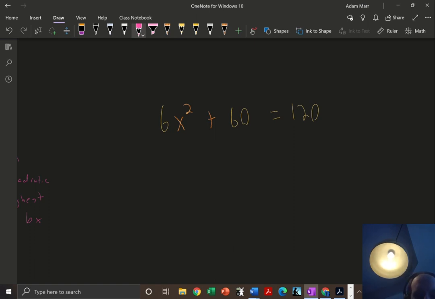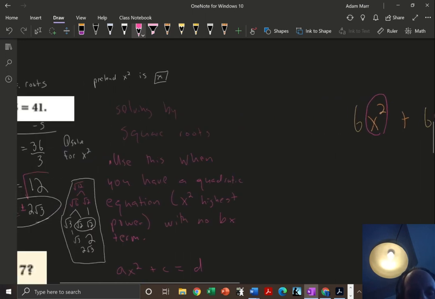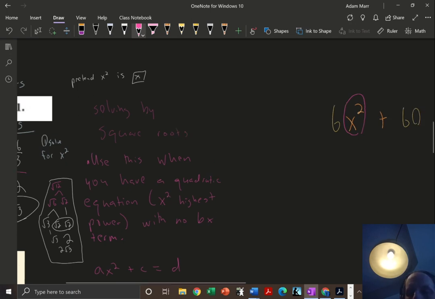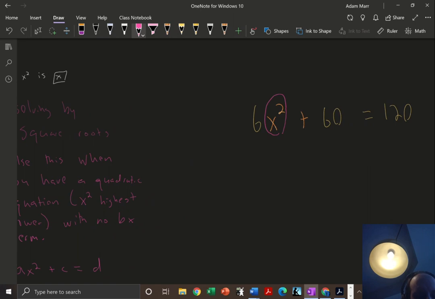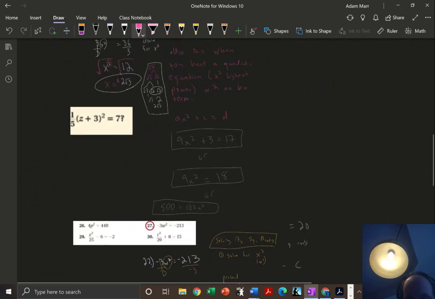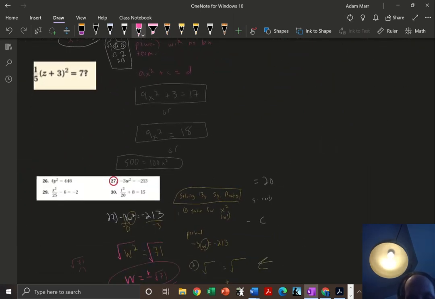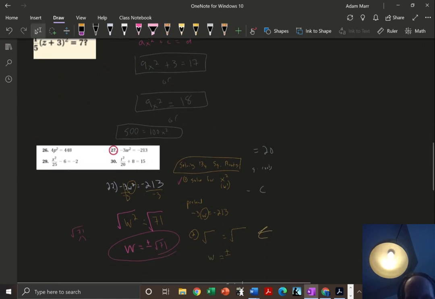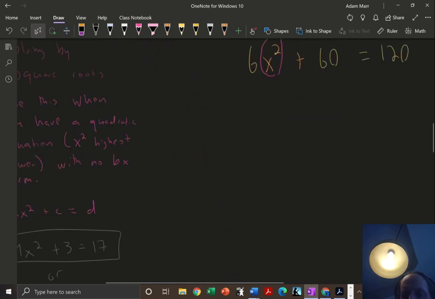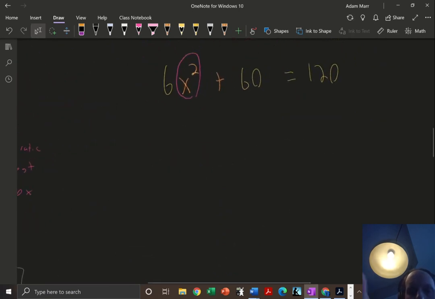So let's see here. First of all, I'm solving for x squared. I think I wrote the steps right here. When you have a quadratic equation, quadratic means x squared to the highest power with no bx terms, that means no x to the first power. So my steps: solve for x squared first, then take the square root of both sides, and then it's plus or minus. So pretend this is like x to the first, so I'm going to subtract 60 on both sides.